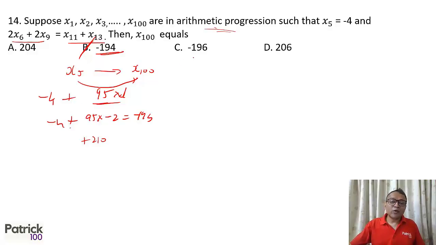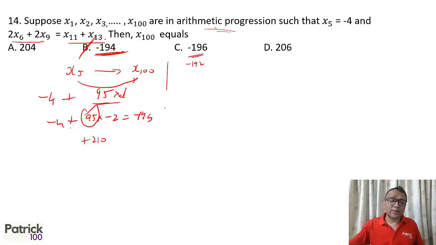Same -4, if I want to go to -196, I have to add 192, not a multiple of 95. The only thing which is a multiple of 95 is 194. From -4 to -194, you have to go 95 terms, 95 into 2 is 190, satisfies option B. That's the only option that satisfies.